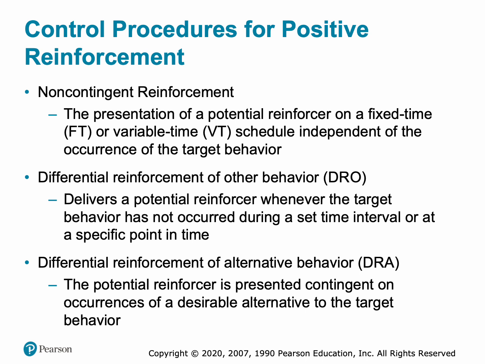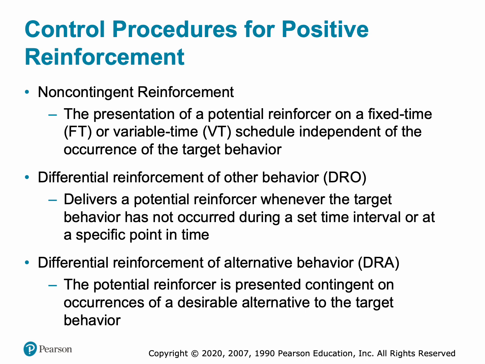So in this particular case, what I would do is I would probably set a timer, like maybe a 2-minute timer. And I'll deliver reinforcement every 2 minutes if for that whole interval they did not get out of their seat. So after the 2 minutes, I'm going to see, okay, they didn't get out of their seat.